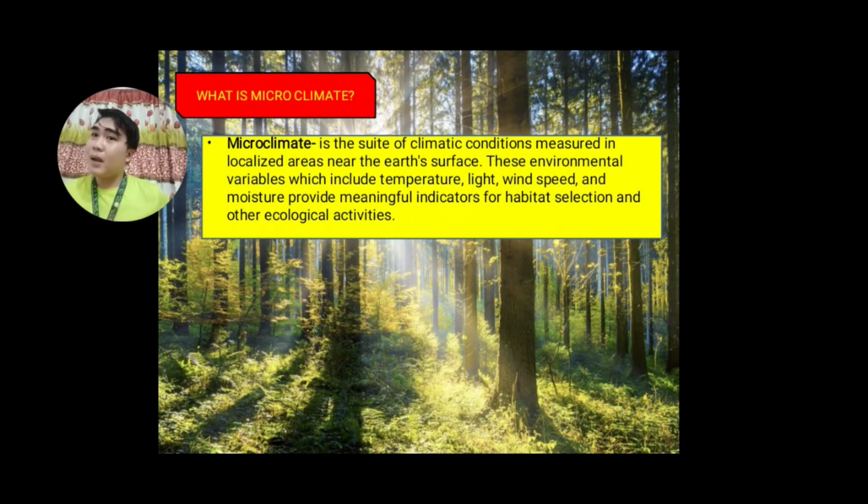Microclimate is the set of climatic conditions measured in localized areas near the Earth's surface. These environmental variables, which include temperature, light, wind speed, and moisture, provide meaningful indicators for habitat selection and other ecological activities.